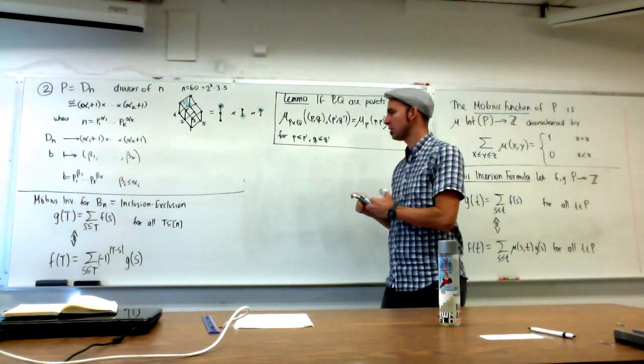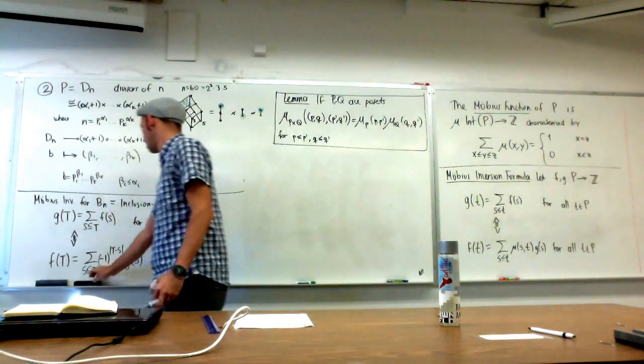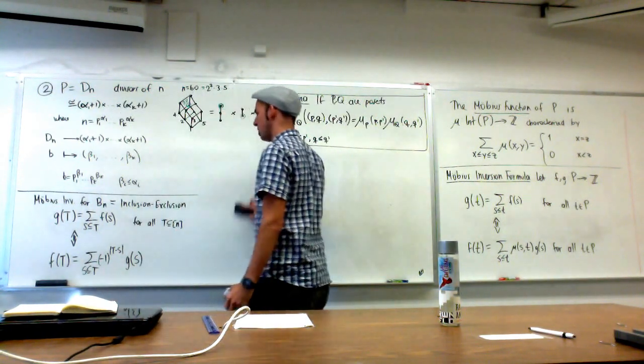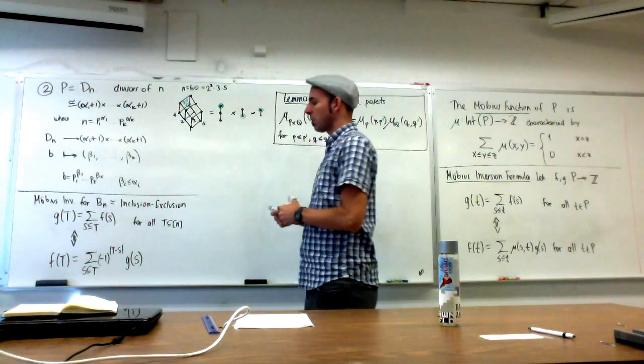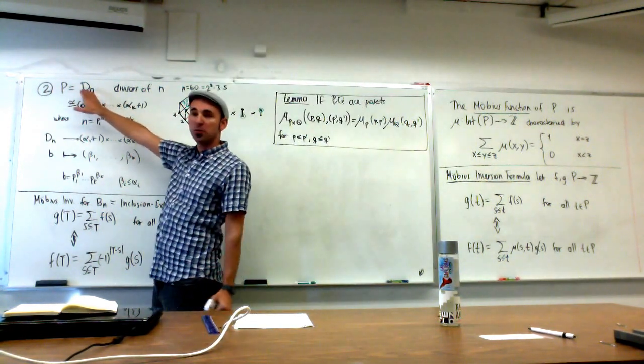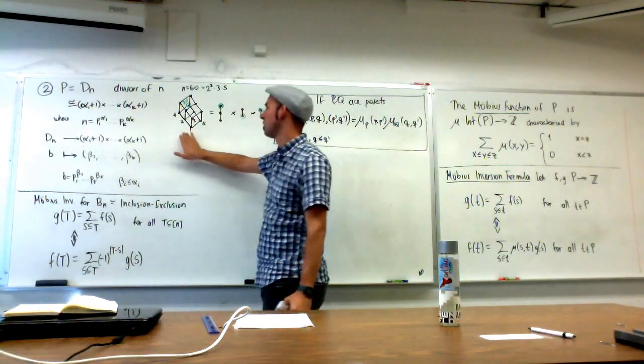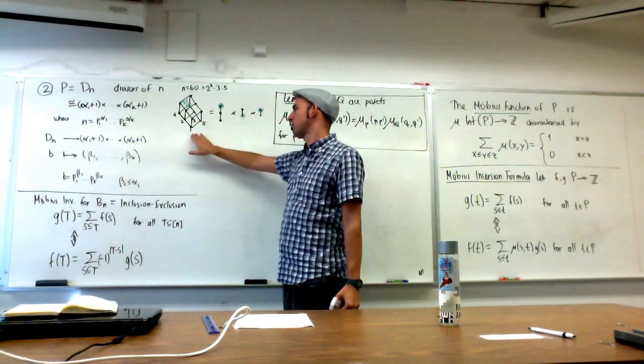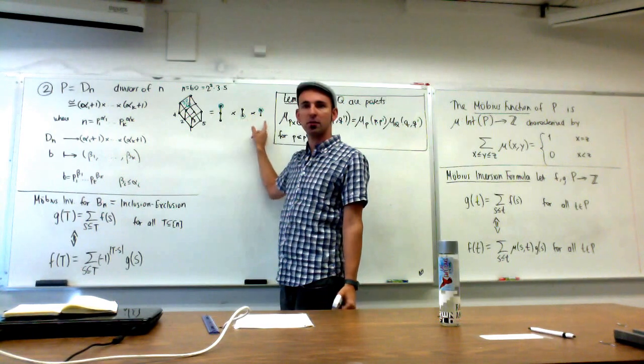So that's my map. Okay, so that means that if I want to find the Moebius function of this poset, I'm all set if I can find it for these posets.